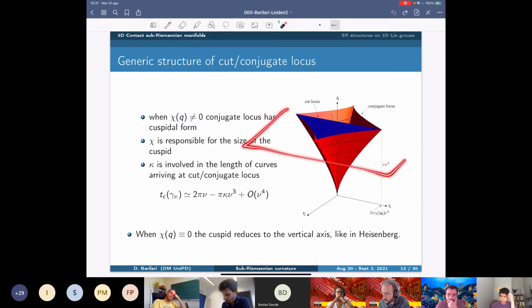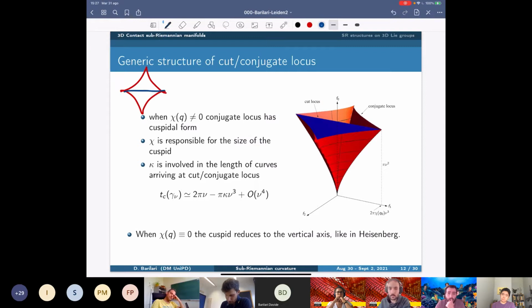If you cut horizontally this picture, what you will see is a picture which has this form, a cusp, with a line in the middle, which is exactly the picture of a cut and conjugate locus on an ellipsoid, and which reduces to a point on the sphere.